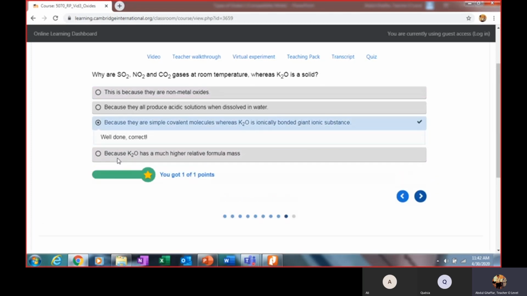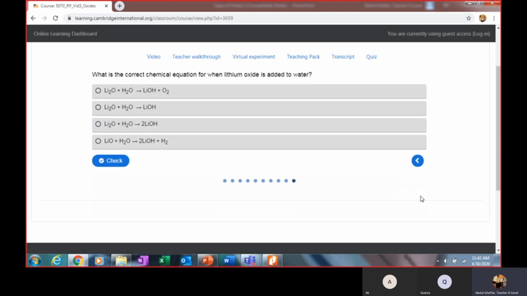Yes, because ionic bonding is there. All the ionic compounds are solid. Covalent compounds are gases and liquids. So there is covalent bonding between sulfur dioxide, nitrogen dioxide and carbon dioxide. Okay, is it clear, Ali? The last one.